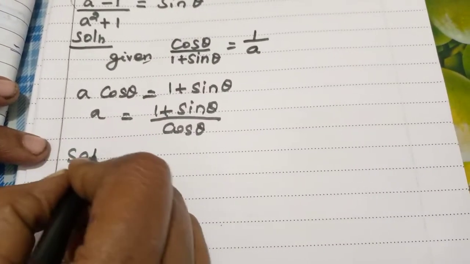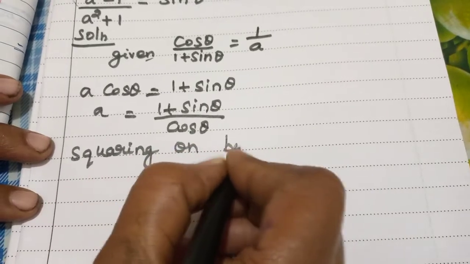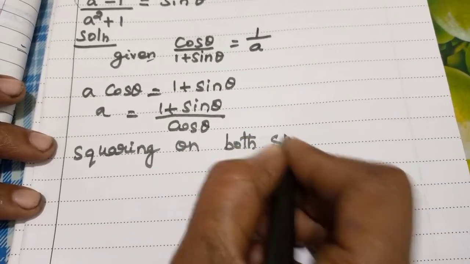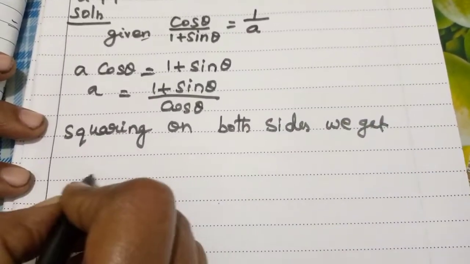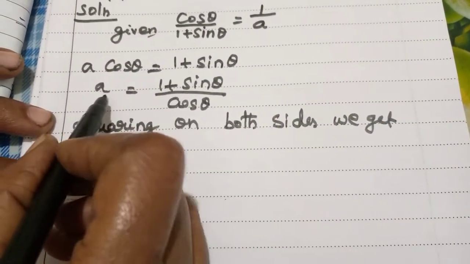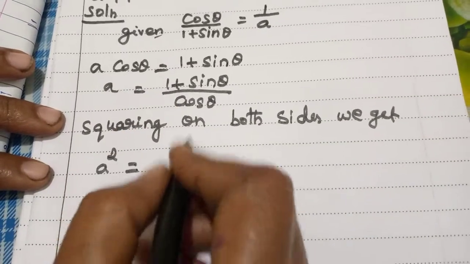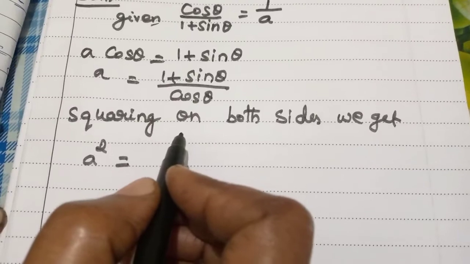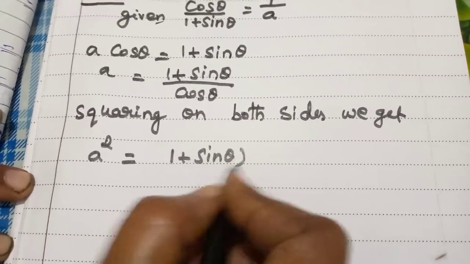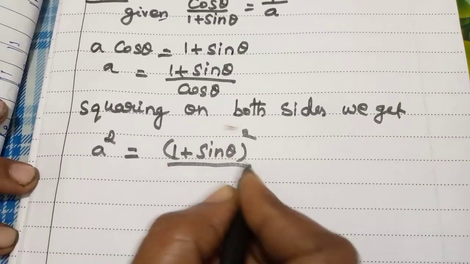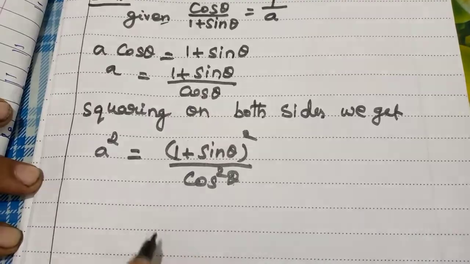Squaring on both sides, we get a square equal to, since we are squaring, the numerator as well as the denominator have to be squared, so it can be written as 1 plus sin theta the whole square by cos square theta.